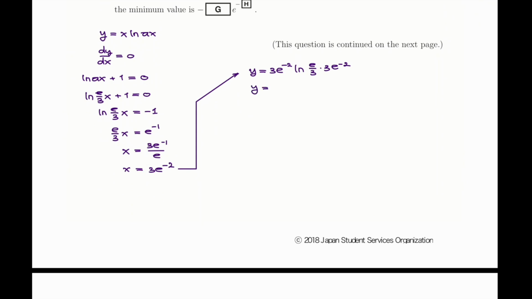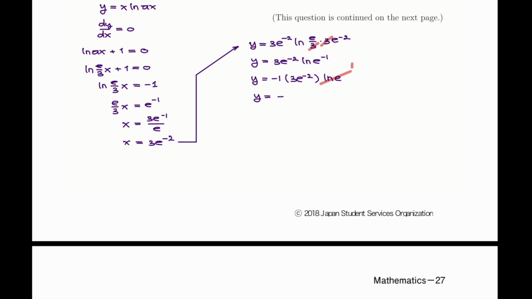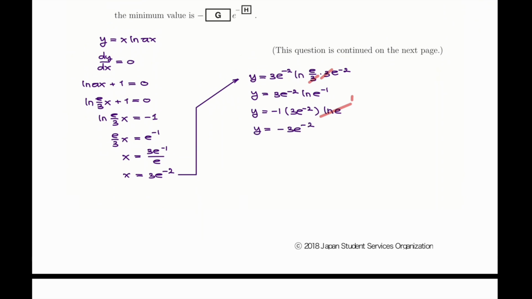So my minimum value is 3e to the negative 2, cancel out 3, and then e times e to the negative 2 is equal to ln of e to the power of negative 1. Don't forget the properties of ln. If we have a power here, we can move the power to the front. So I get y is equal to negative 1 times 3e to the negative 2 times ln e. Ln e is equal to 1. So my minimum value is y is equal to negative 3e to the negative 2.